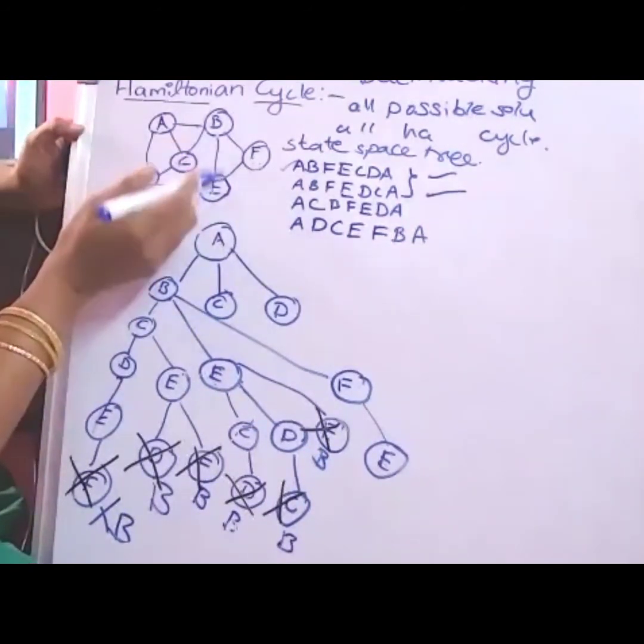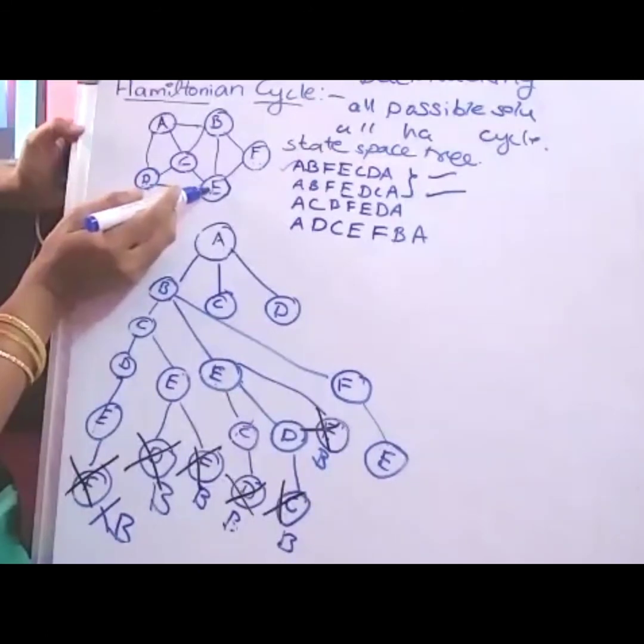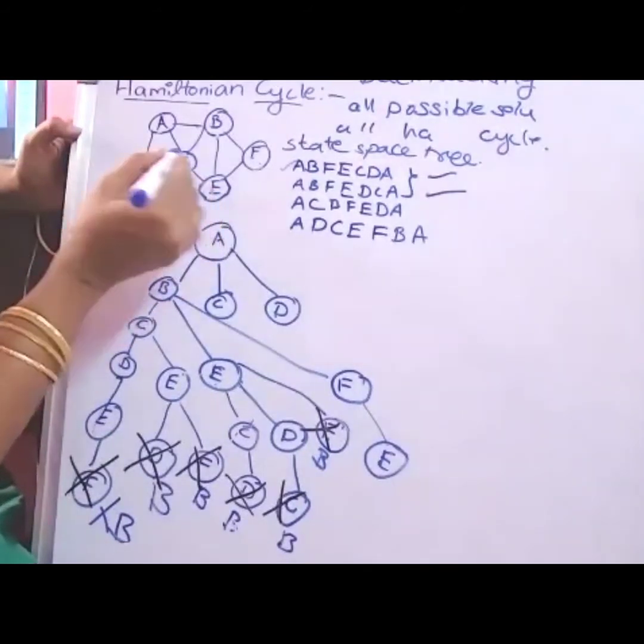E is connected to B and F. These two are already visited, and E is also connected to C and D. So I can go for any option. I am choosing C after E.